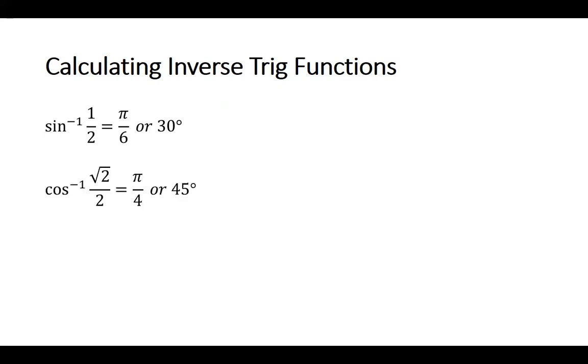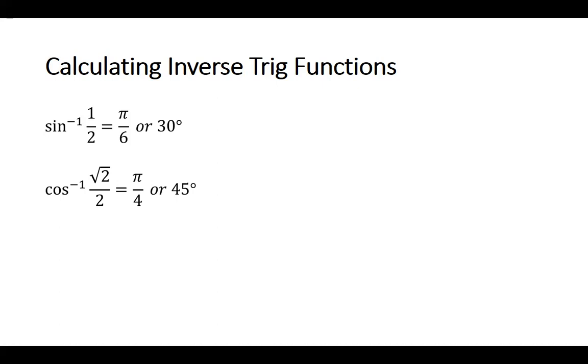Another one looking for a standard angle: the inverse cosine of the square root of 2 over 2. So we've got cosine with a trigonometric ratio of the square root of 2 over 2, which could be written as 1 over the square root of 2. So when we look at that, 1 over the square root of 2, cosine is adjacent over the hypotenuse.